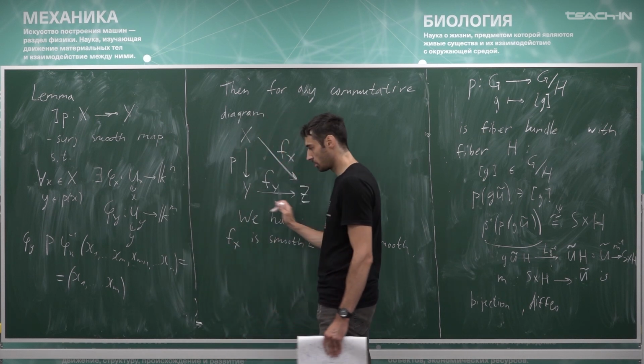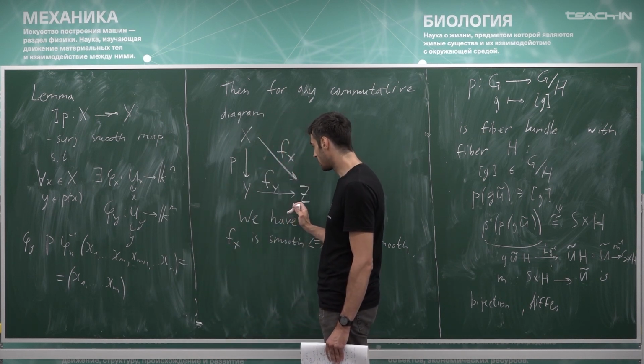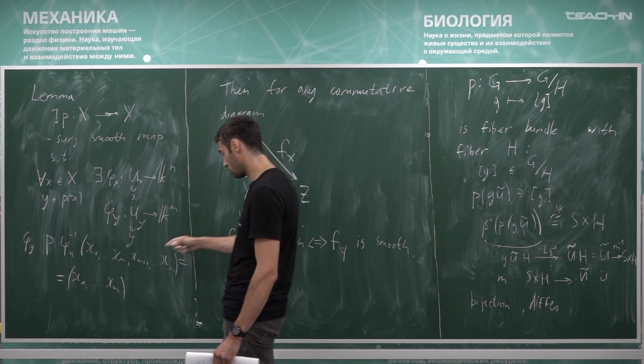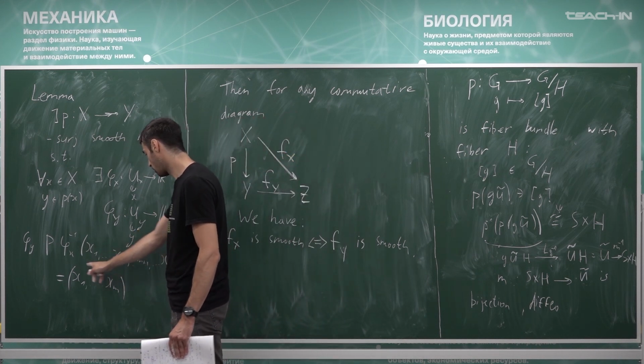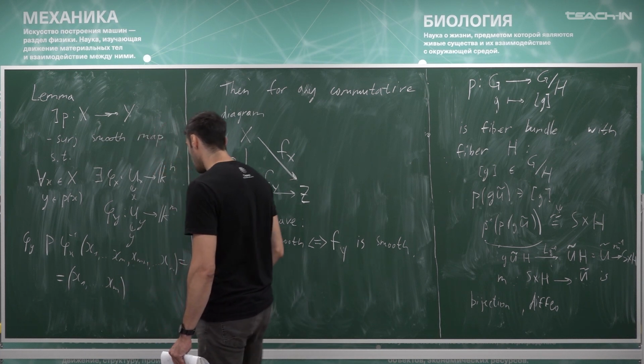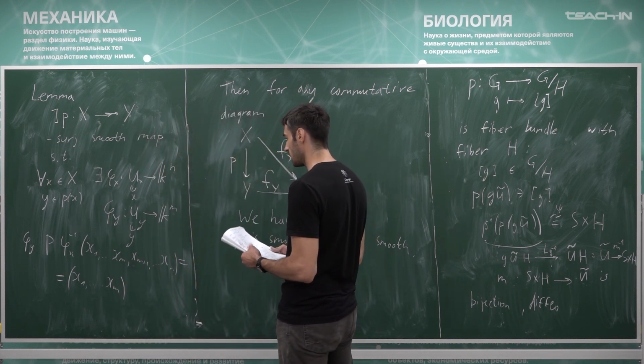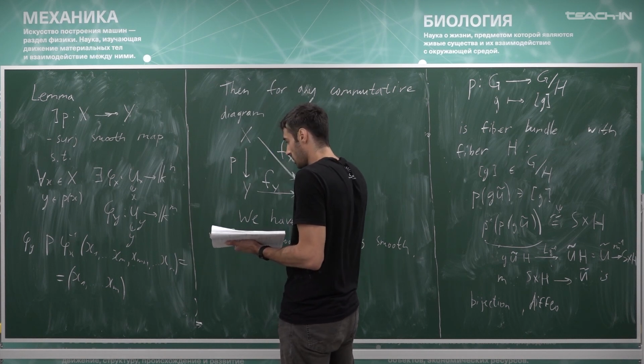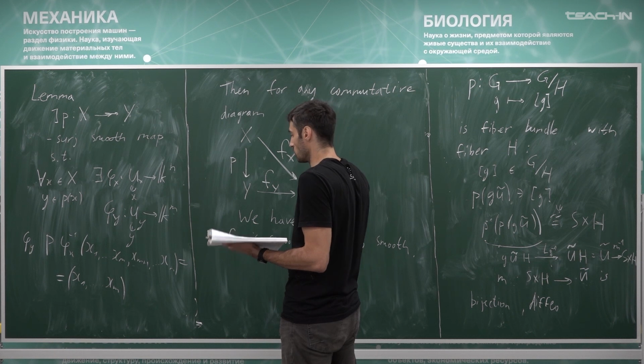And so if f y is smooth, it is smooth in the first coordinates, x1 through xm. On the other hand, since f x does not depend on the rest of coordinates, it's also smooth.